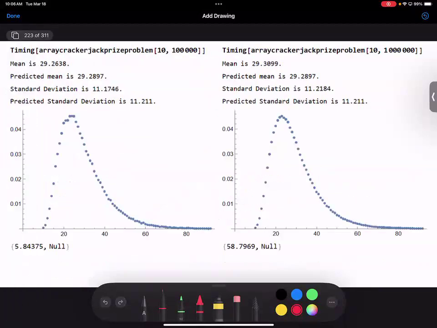And so here's the result of running things a few times. 10 prizes with 100,000, and 10 prizes with 1,000,000. So if you look at this, it's an interesting distribution. It does not look symmetric about the mean. It looks like it definitely has a decent tail. And the question is, does this converge to something nice? Well, it's a discrete process in terms of how many boxes there are.